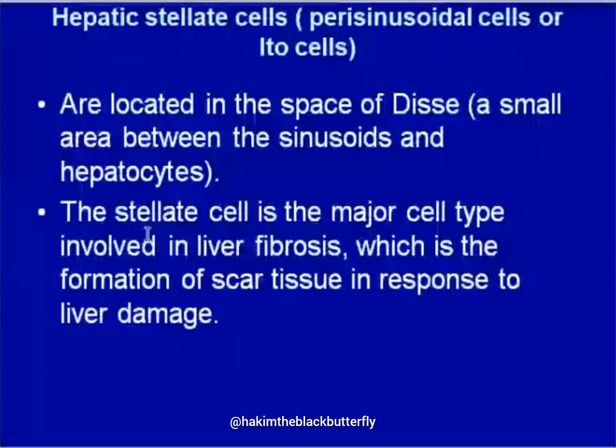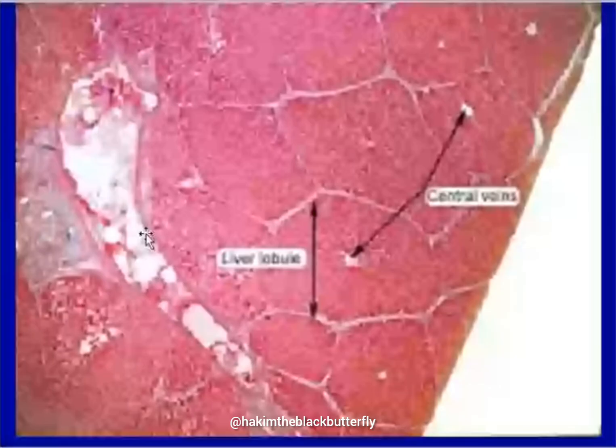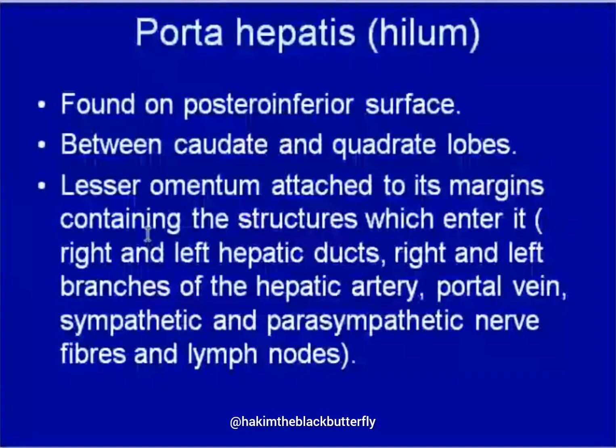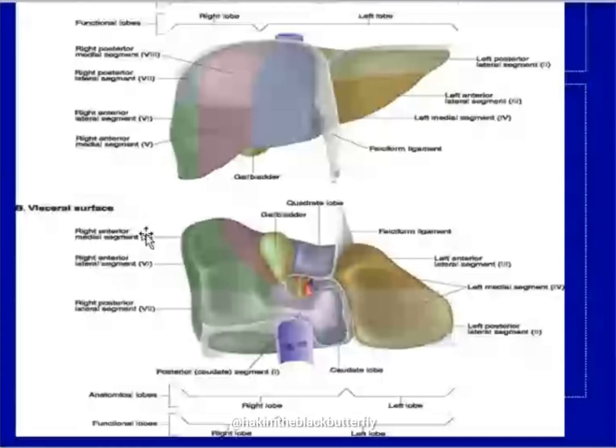So where are our functional lobes as opposed to the anatomical lobes? When it comes to the functional lobes, and this is very important, the caudate lobe and the quadrate lobe are taken to be part of the left functional lobe.